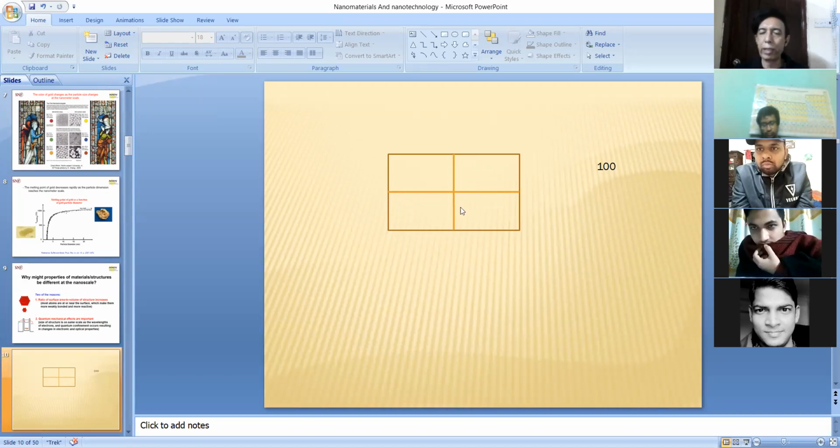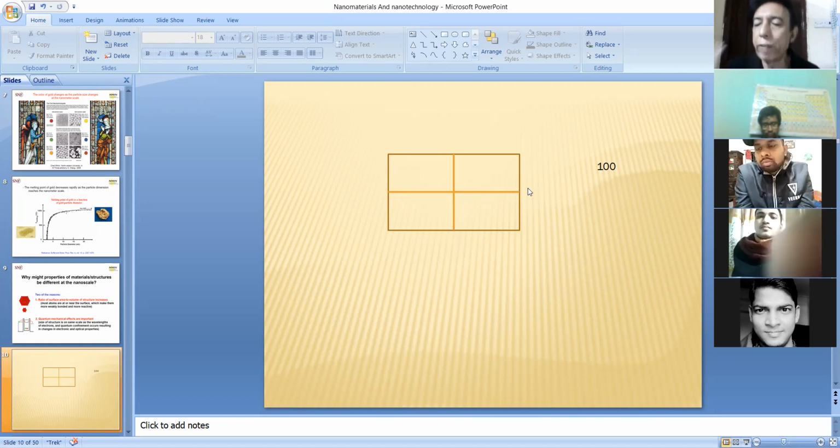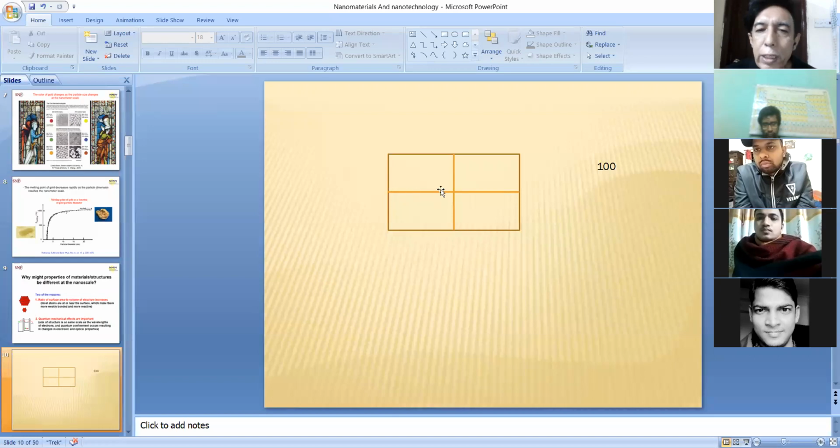Because you have divided it, say for example, it is a cake. You have cut it here and you have cut it here. Now you are getting more and more surfaces. You are getting one surface here, one surface here, and also another surface here, here, here. You are getting more surfaces, and you are getting more surface atoms also.